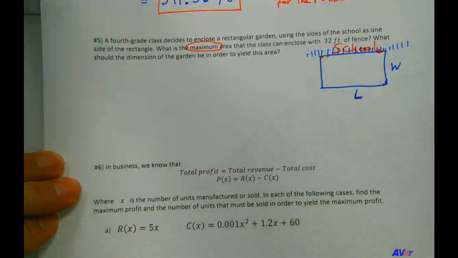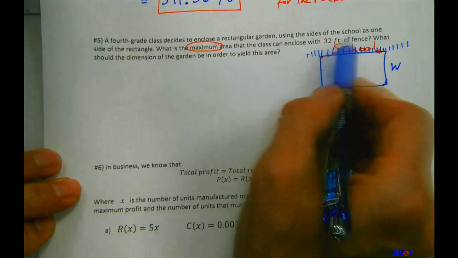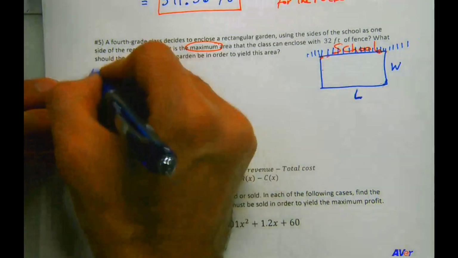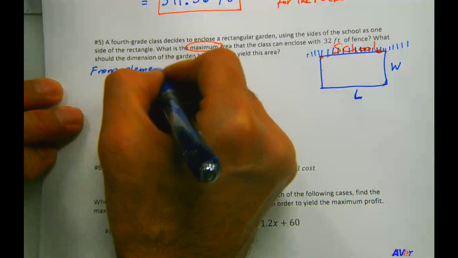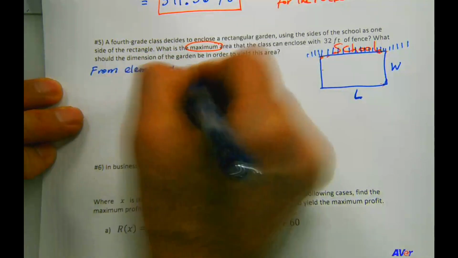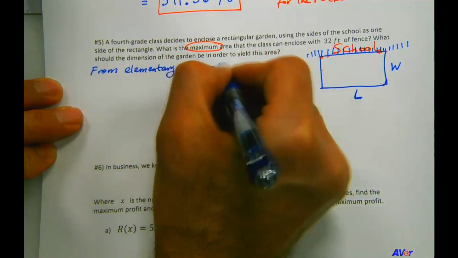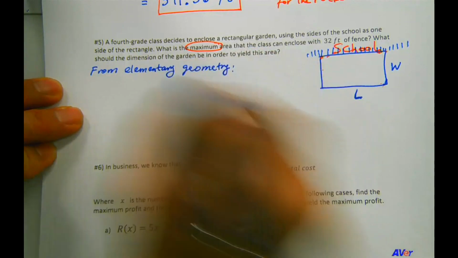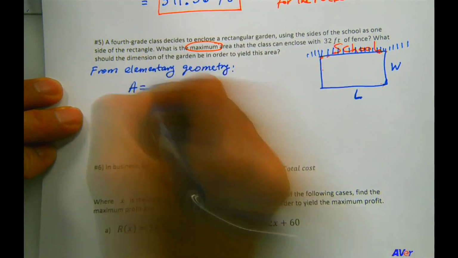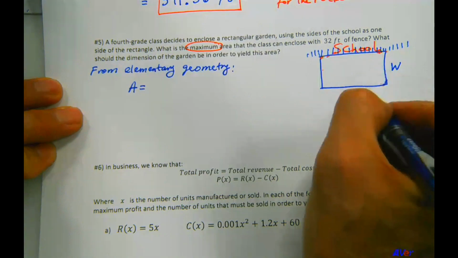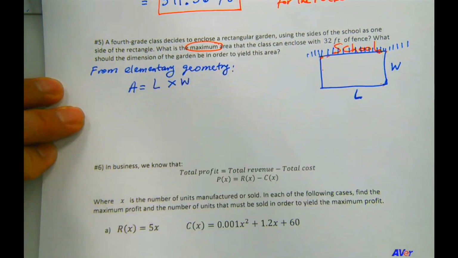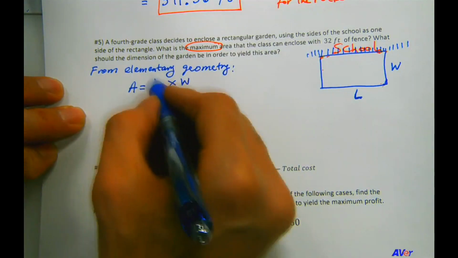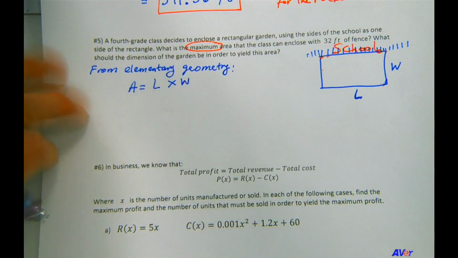Then we know from elementary geometry that the area of a rectangle is simply length times the width, right? We know that from elementary geometry.